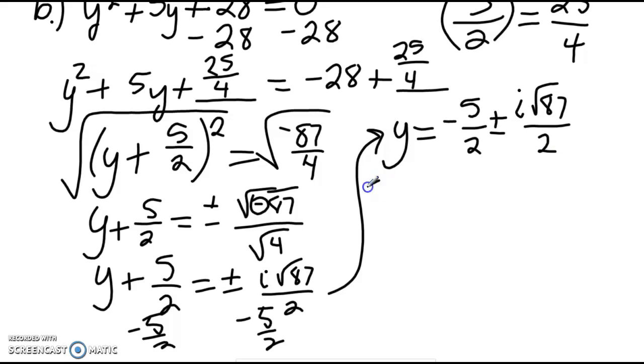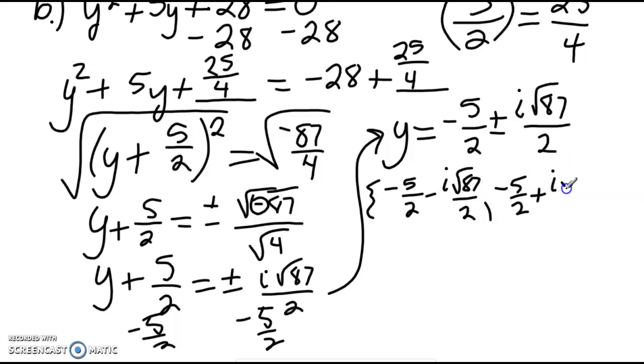And then we're ready to state our two solutions. We always do the subtraction first because subtracting, in my opinion, makes it a smaller value. Well, not just my opinion, it is. So that's going to give me negative 5/2 minus i radical 87 over 2 and negative 5/2 plus i radical 87 over 2.